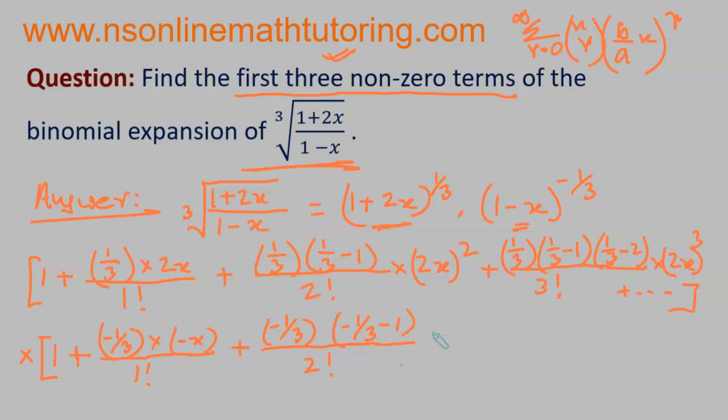There will be 2 factors because r is having a value of 2, and negative x whole square, okay, and then plus 3 factorial, negative 1 over 3, negative 1 over 3 minus 1, negative 1 over 3 minus 2, this is in the numerator of course, times negative x to the power of 3, okay, and plus dot dot dot.